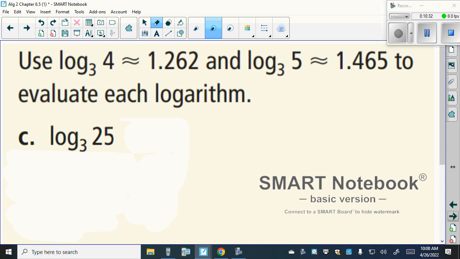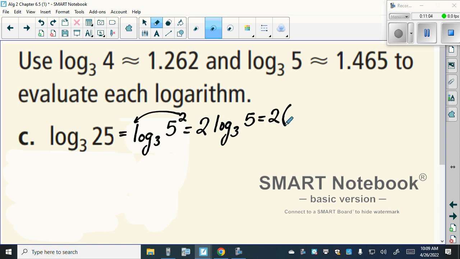Well, I believe this is the last one of this type before we move on to the next part. I think we have 3 after this, but we'll look at this one here. Now, we can rewrite this as 5 squared, yes? And because of this, we can move the 2 to the front, telling us that we have 2 times log base 3 of 5.